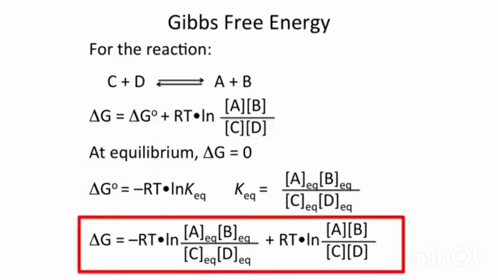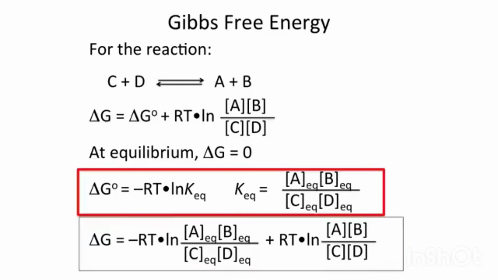And if we write delta G out in this way, we'll see delta G is equal to delta G naught, the natural log of the equilibrium constant, and the natural log of the concentrations at any given moment. But it turns out that delta G naught is a very useful way to think about how much energy is released or taken up in a reaction.